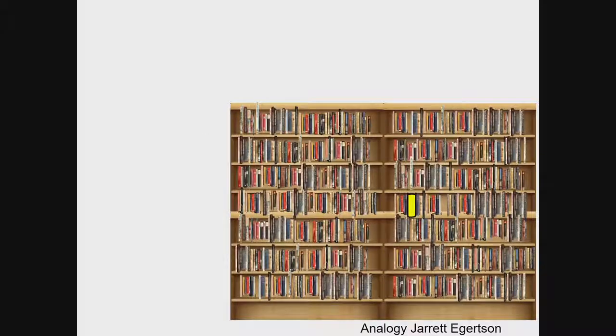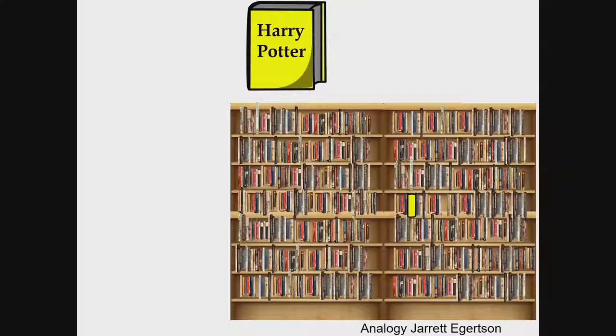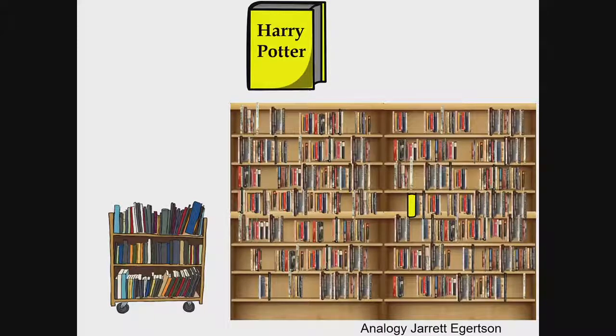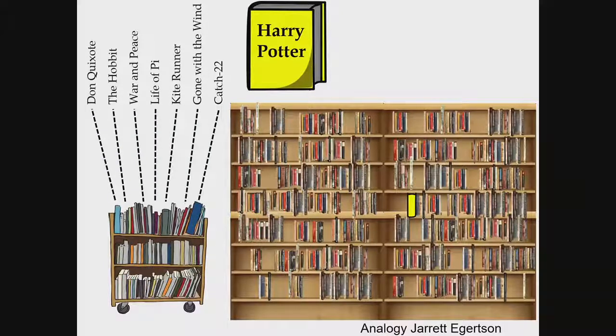So let's say you walked into a library. This is an analogy that Jared Egerton always used to like to give. And you wanted to go find a specific book. The equivalent of data-dependent acquisition would be if you told the librarian to go into the library and pull out a bunch of books randomly from the shelves, and then you'd look at the titles on those books and see whether or not your book's there.